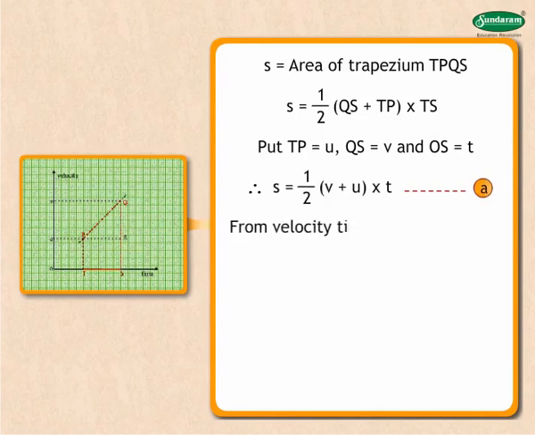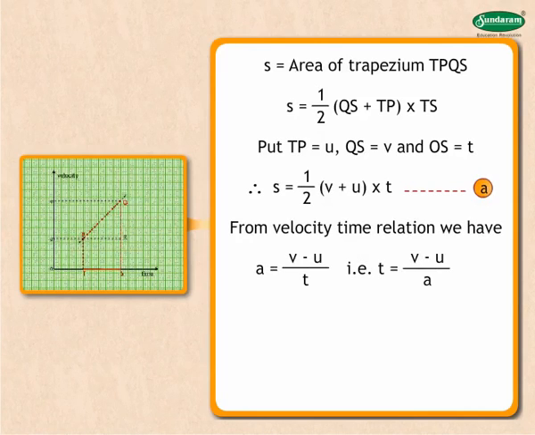From velocity-time relation, we have a is equal to v minus u divided by t. On multiplying both the sides by t, and dividing by a, we have t is equal to v minus u divided by a. Therefore, we have s is equal to half multiplied by the sum of v and u multiplied by v minus u divided by a.